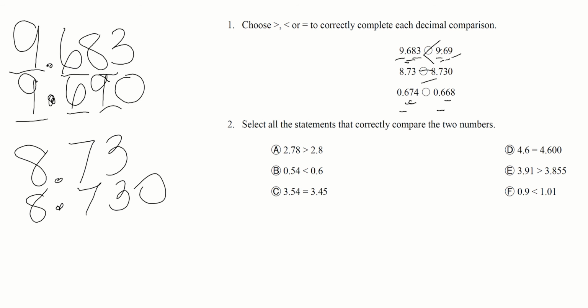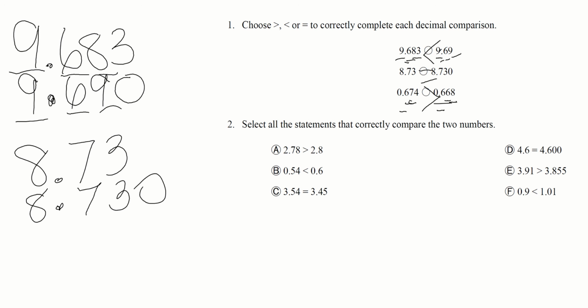Here's 7 hundredths. Here is 6 hundredths. Remember, the hundredths are like those little cubes. So here, there's one more cube than the next number. So therefore, 674 thousandths is greater than 668 thousandths.